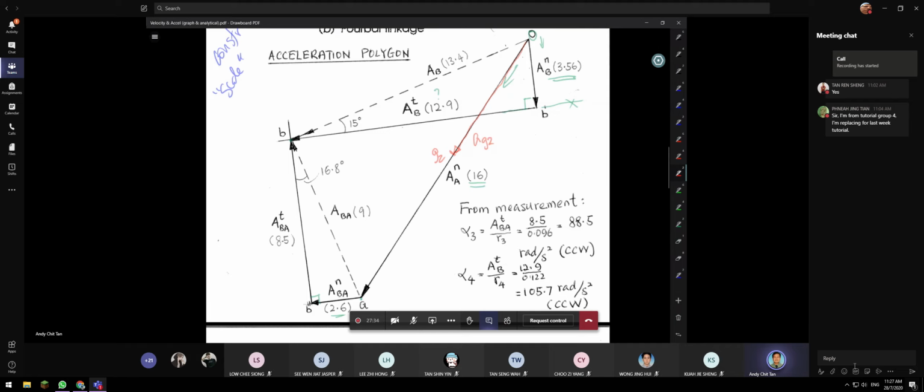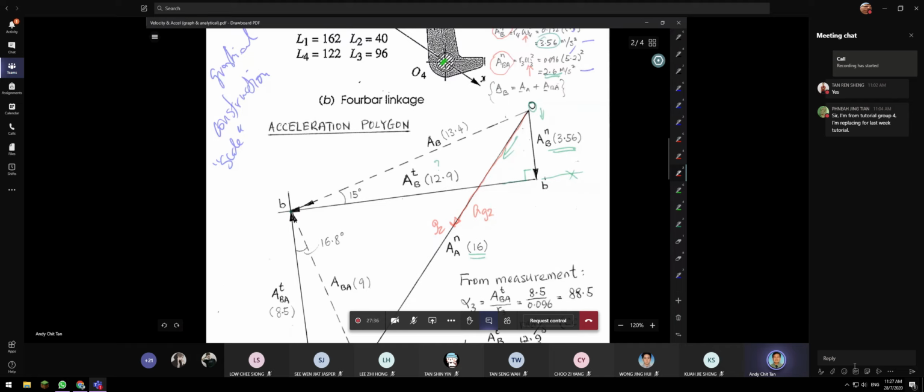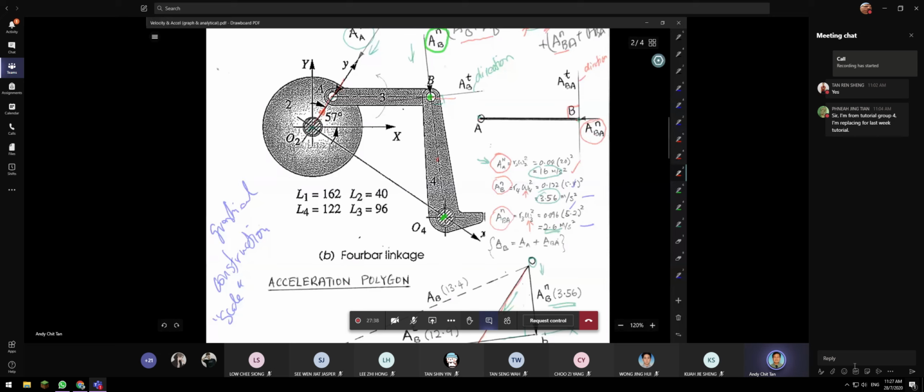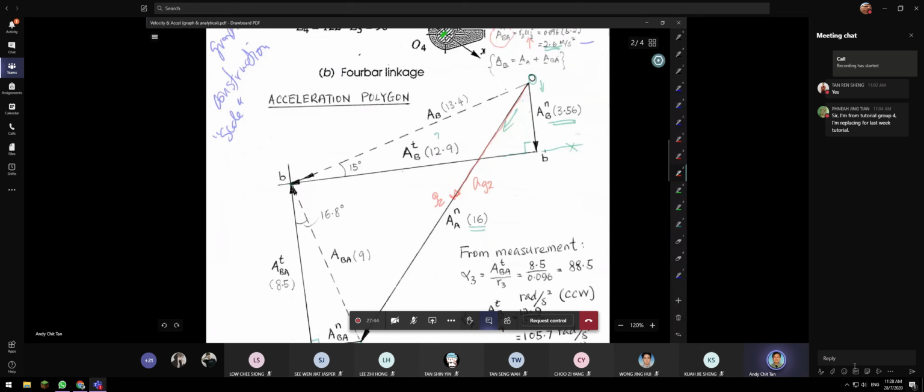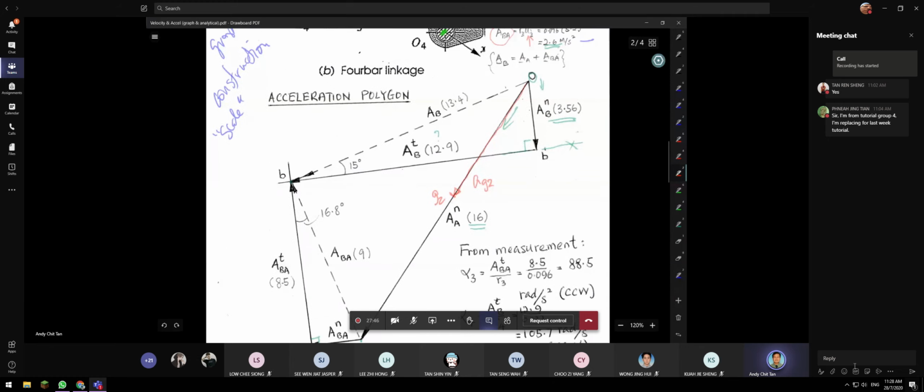Now G4, assume, is in the middle of this link as well. So it's from the point towards point B. This is your total result for B, acceleration of B. So you draw here. So this is your G4.